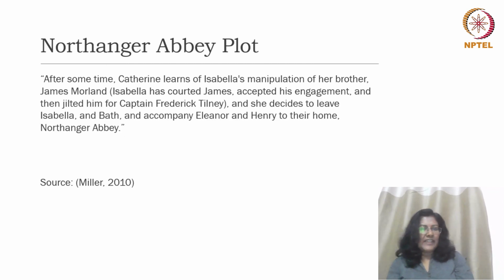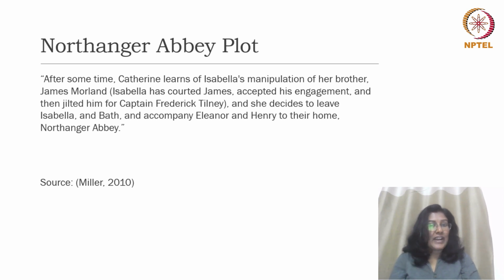After some time, Catherine learns of Isabella's manipulation of her brother, James Morland. Isabella has courted James, accepted his engagement, and then jilted him for Captain Frederick Tilney, and Catherine decides to leave Bath and accompany Eleanor and Henry to their home, Northanger Abbey.